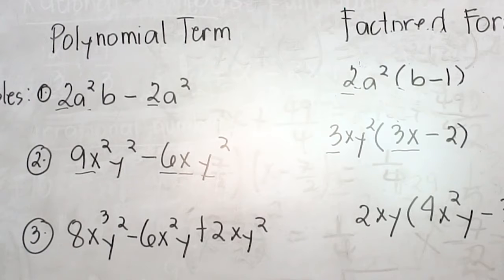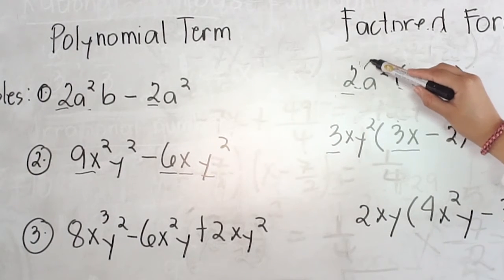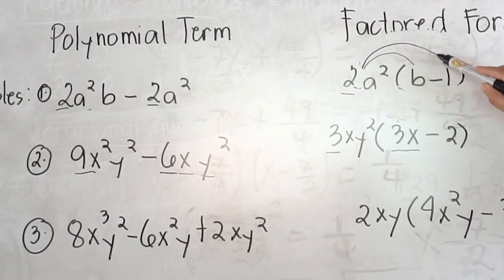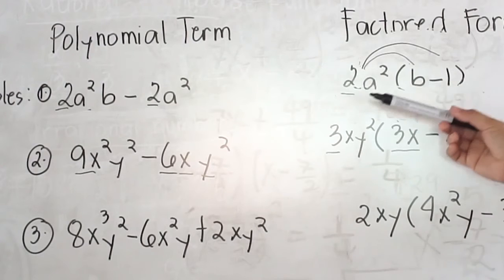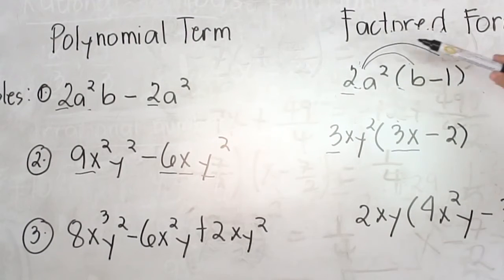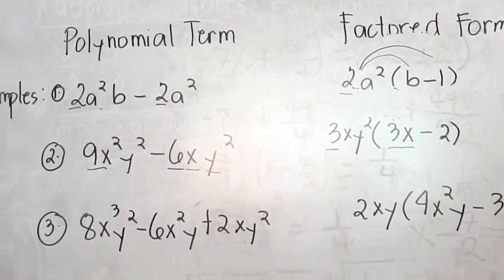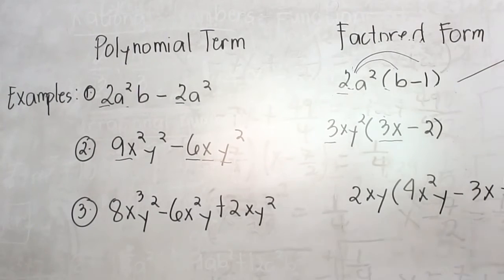To check if your answer is correct, all you have to do is use the distributive form. 2a squared times b is 2a squared b, and 2a squared times negative 1 is negative 2a squared. So our answer is correct.